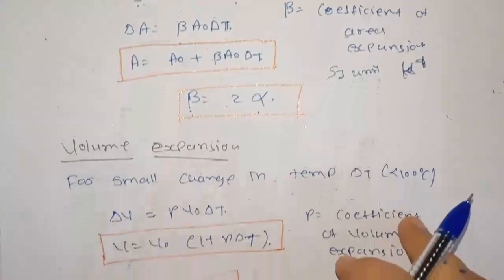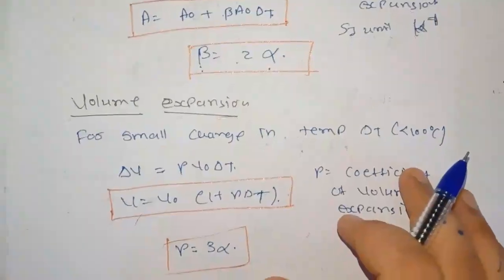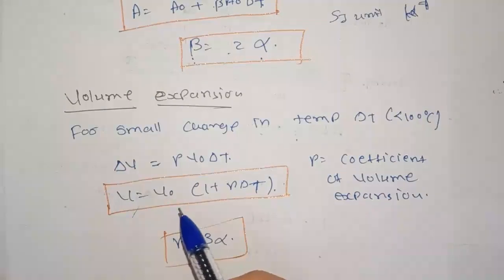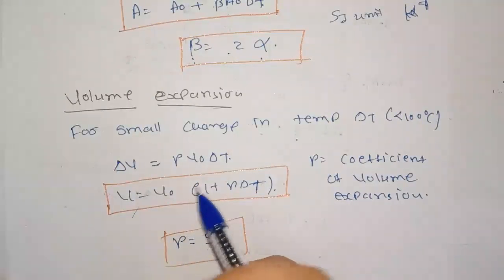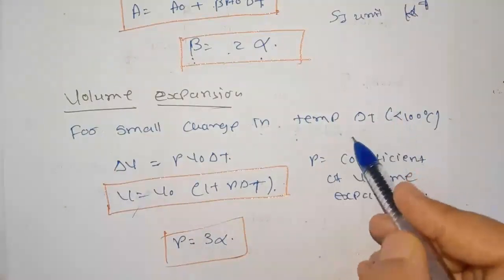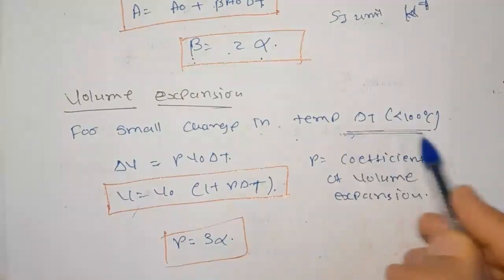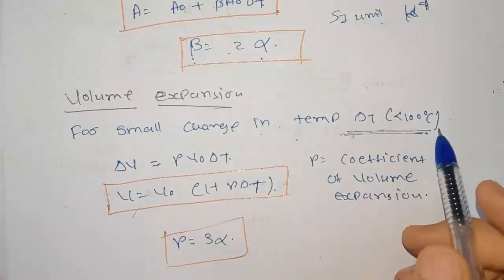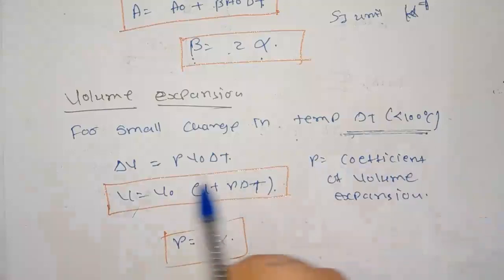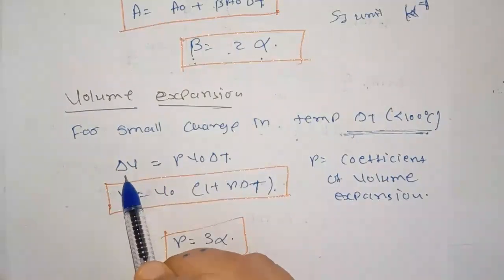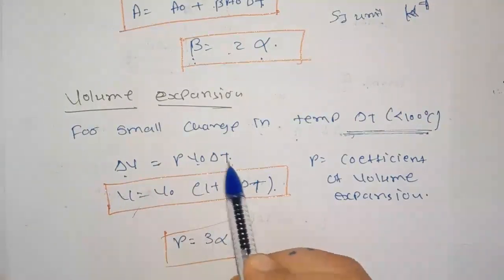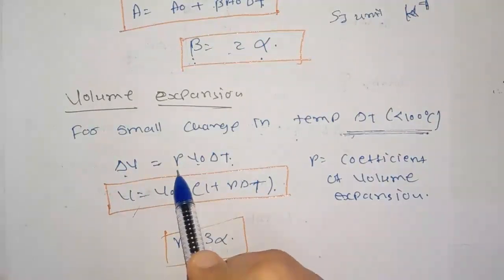Now the volume expansion. Increasing temperature also causes an increase in volume for both solid and liquid materials. Again, for low values of delta T, that is less than 100 degrees Celsius, the increase in volume is directly proportional to V0 and delta T. Here the proportionality constant is gamma.